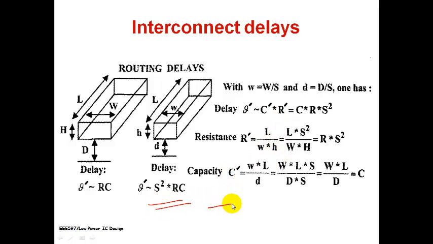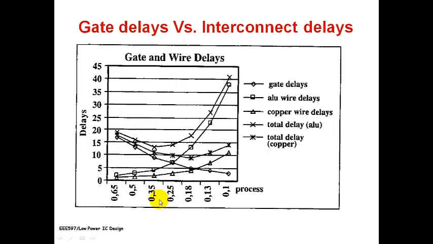We have the devices conducting at a particular speed, whereas the interconnect delays are increasing. Whatever scaling we are attempting, the delay is increased by S square, and this makes it important to deal with ways to tackle the interconnect delays.